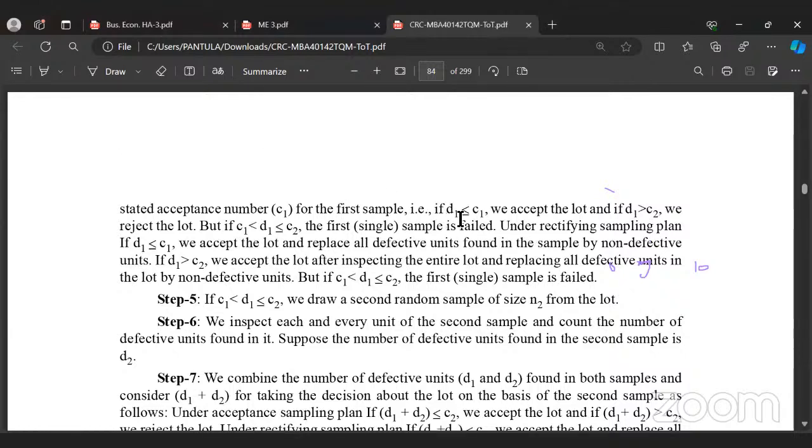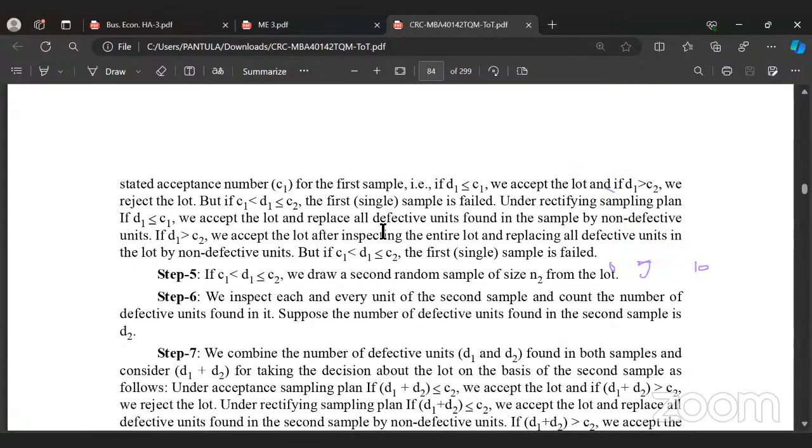If D1 is less than or equal to C1, we accept the lot. If D1 is greater than C2, we reject the lot. Depending on the relationship between C1, D1 and C2, we are going to take the necessary action.